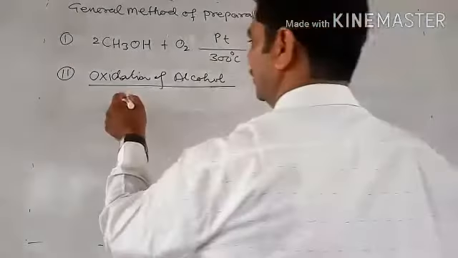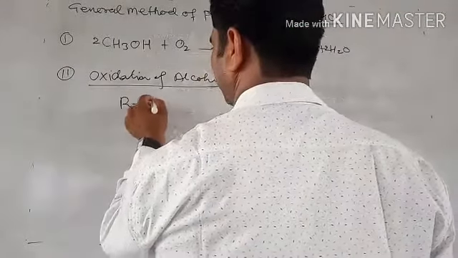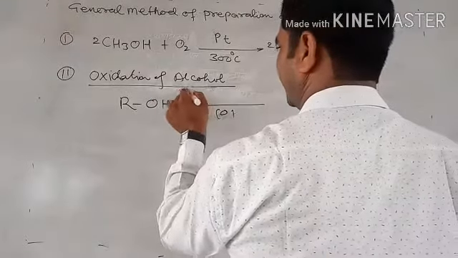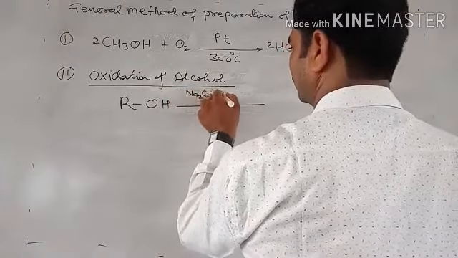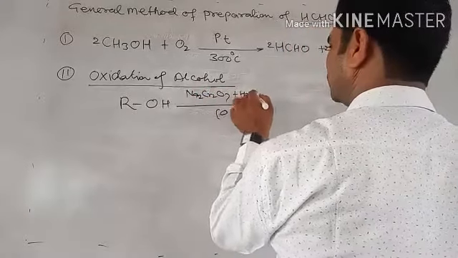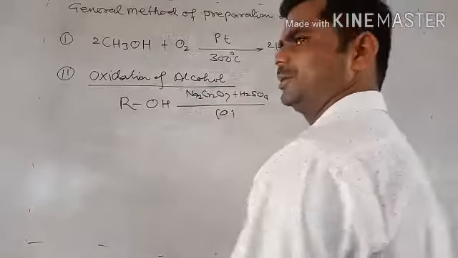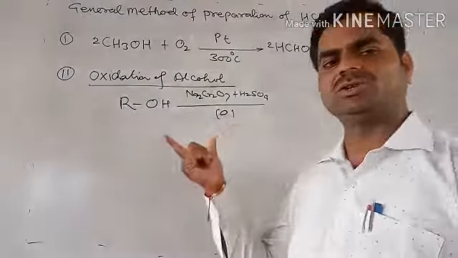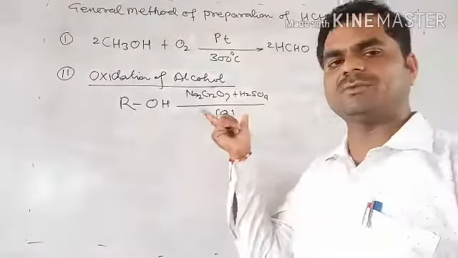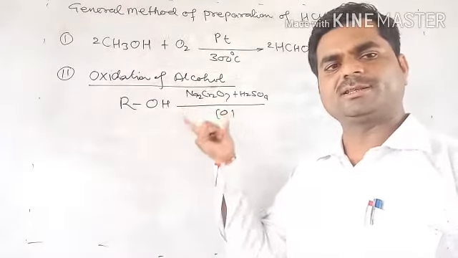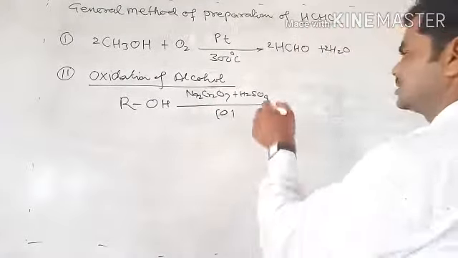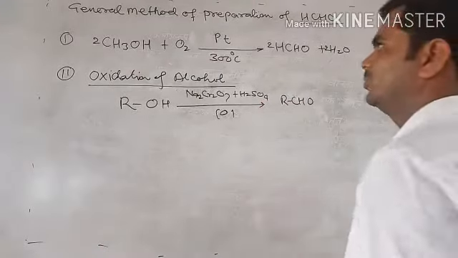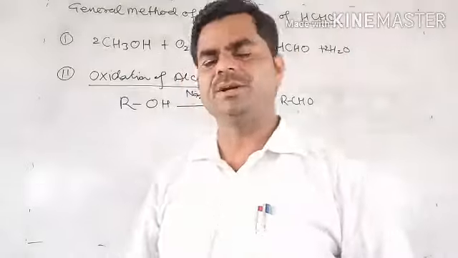Always remember, ROH oxidizes in the presence of Na2Cr2O7 plus H2SO4. This is a primary alcohol; a primary alcohol is always oxidized into aldehyde in the presence of acidic sodium dichromate or acidic potassium dichromate. It just converts into RCHO.